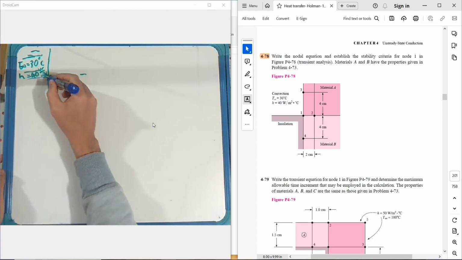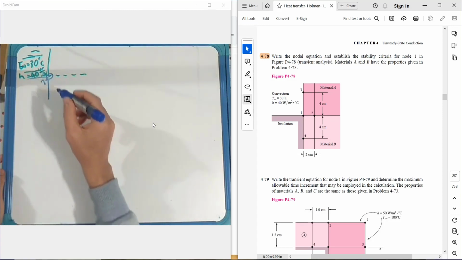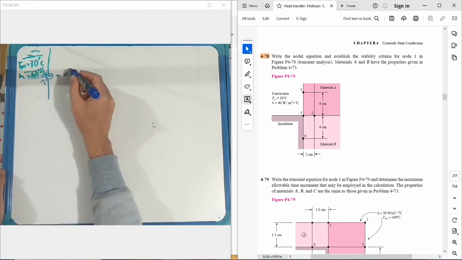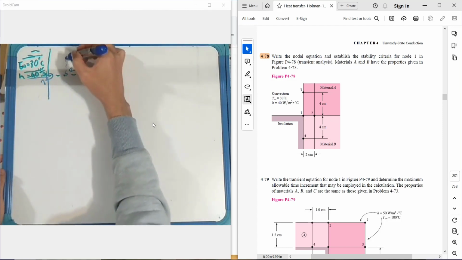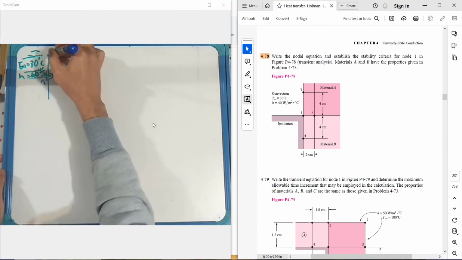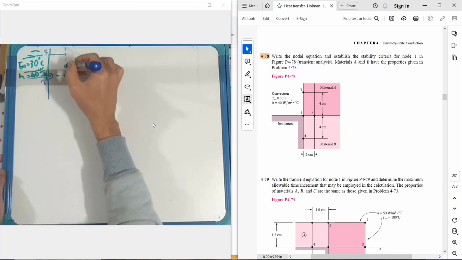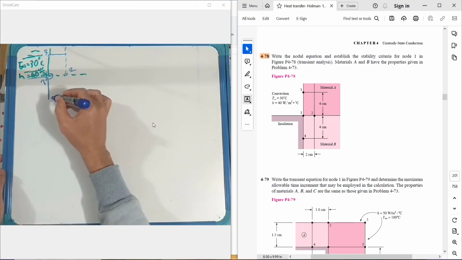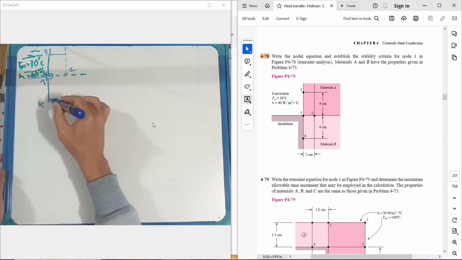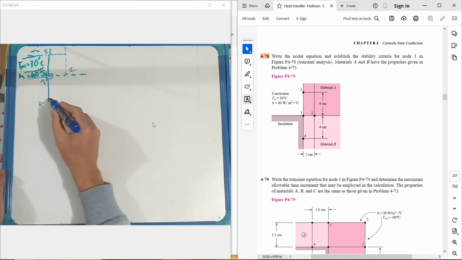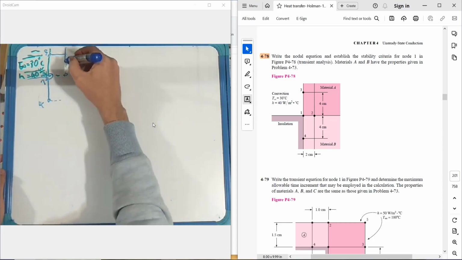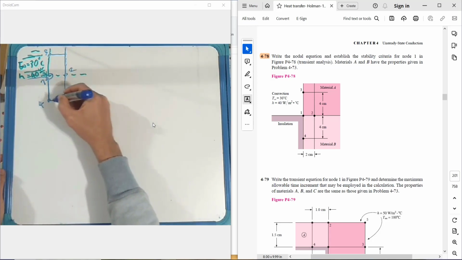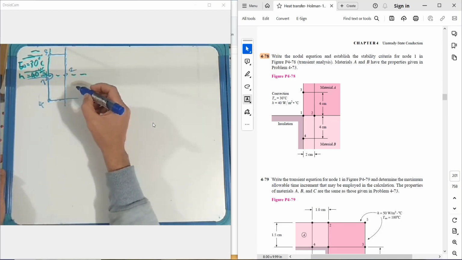And another point: this is point 1, this is point 2. Point 3 is here, and point 4 is here, and just a solid line here.